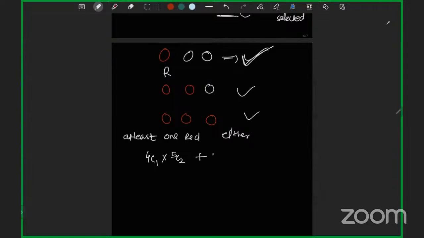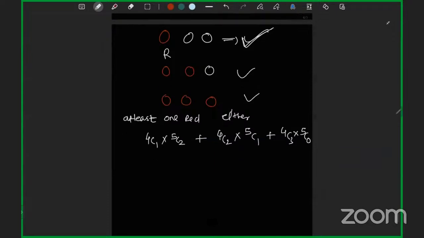Then another case is two reds, so 4C2, and out of five I'll choose one. Then the last case is I'll choose three reds and nothing out of the five.